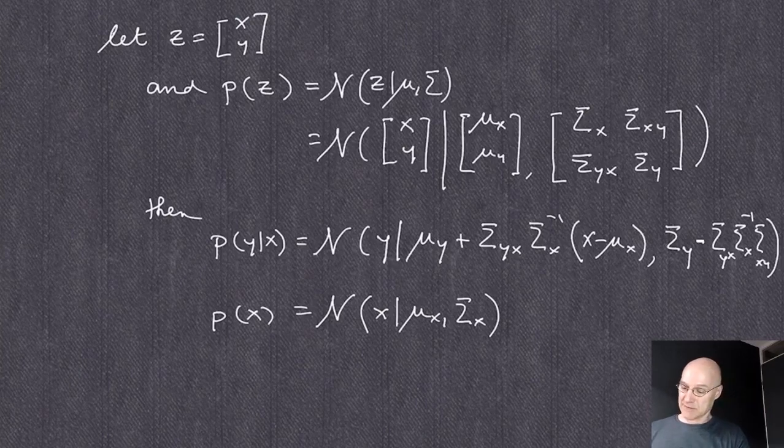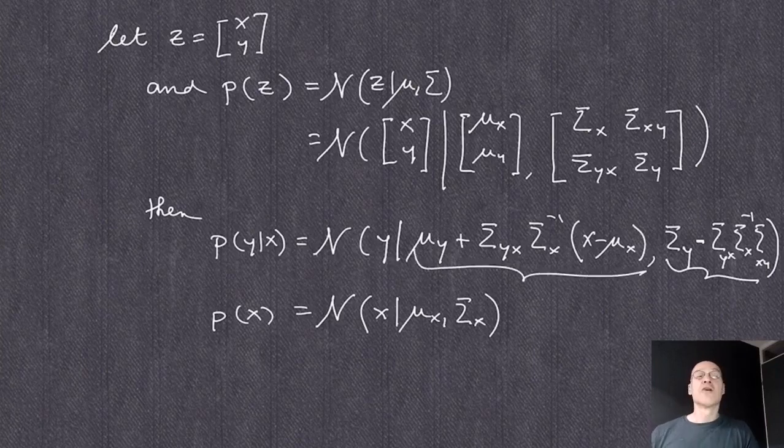Ooh, that almost didn't fit. Anyway, this is the covariance and this is the mean for p(y given x). So they're terrible formulas, right?